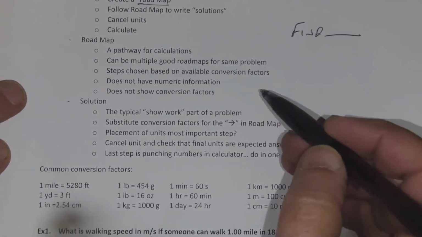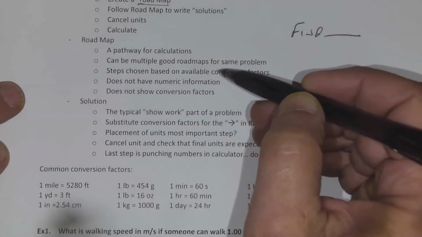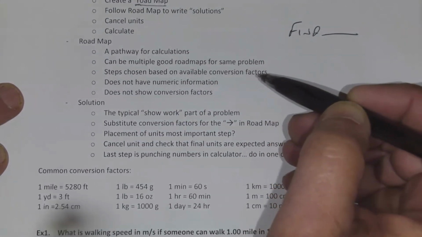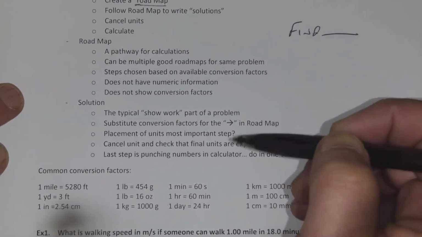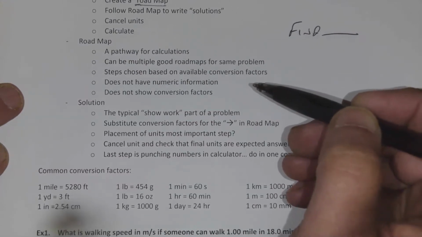So again, the roadmap, the pathway for calculations, there's multiple right answers. Usually the steps that you choose in the roadmap are based on either experience, you've done this kind of problem before, or you've looked through the conversion factors given and you see how you connect the pieces together.